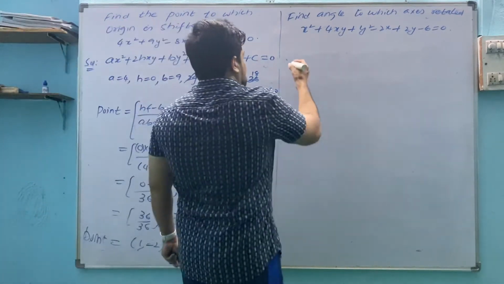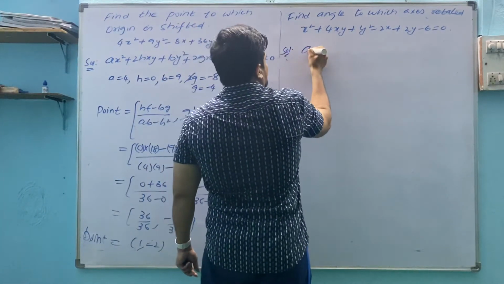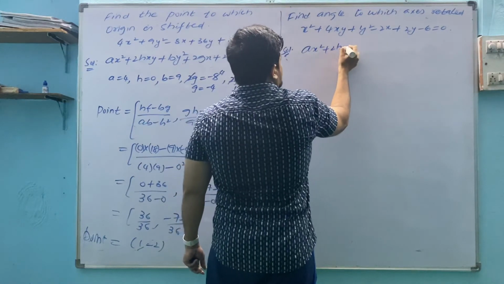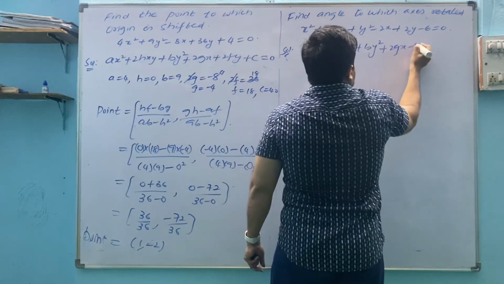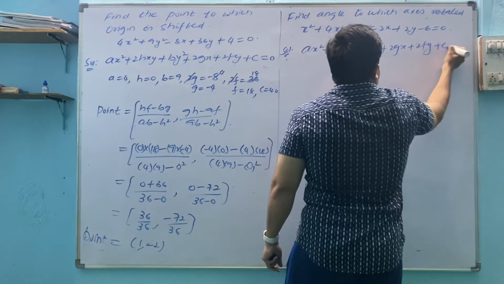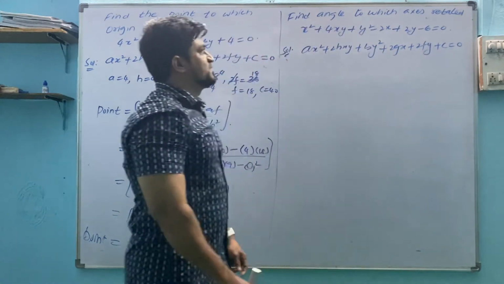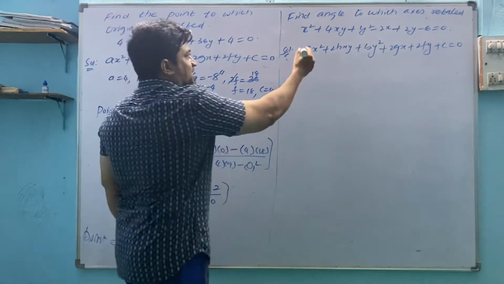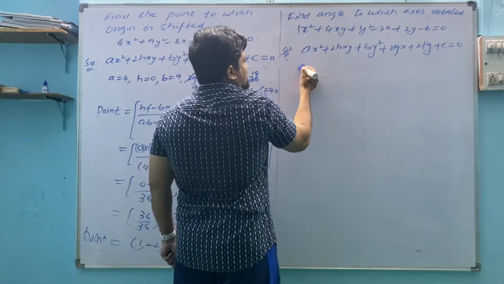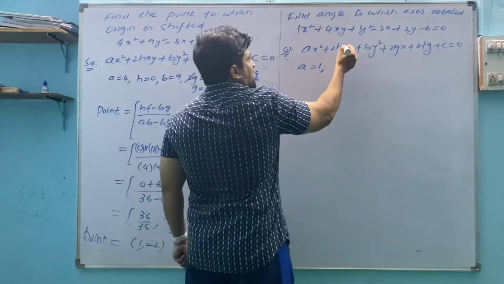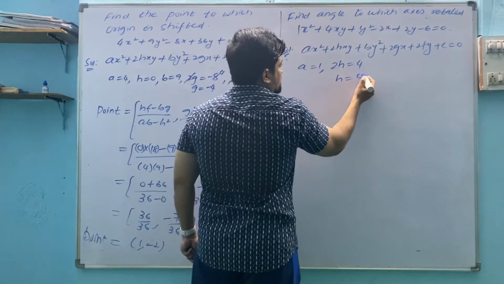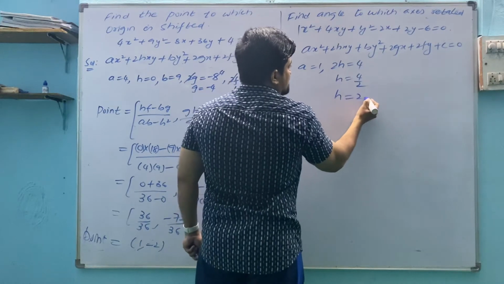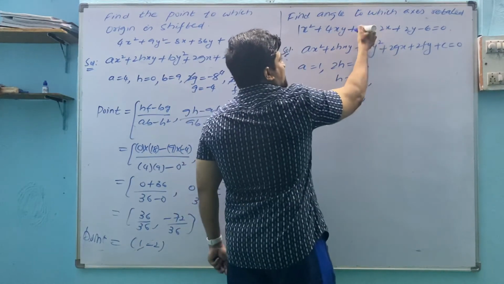To find the angle, same thing, you can write comparing with ax square plus 2hxy plus by square plus 2gx plus 2fy plus c equal to 0. So x square cancelled, nothing is there, means a is equal to 1. xy cancelled. So 2h is equal to 4, h is equal to 4 by 2, h is equal to 2. y square cancelled.